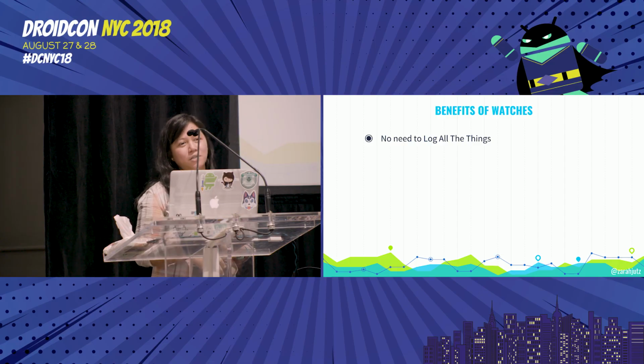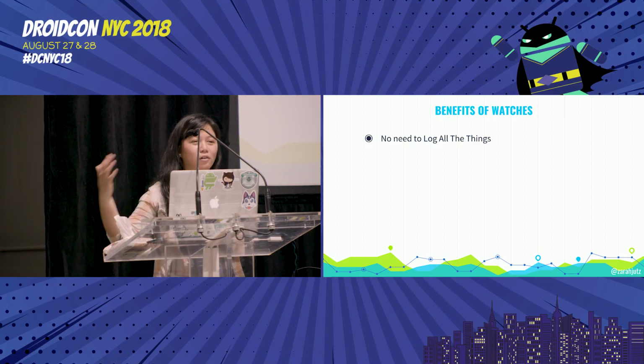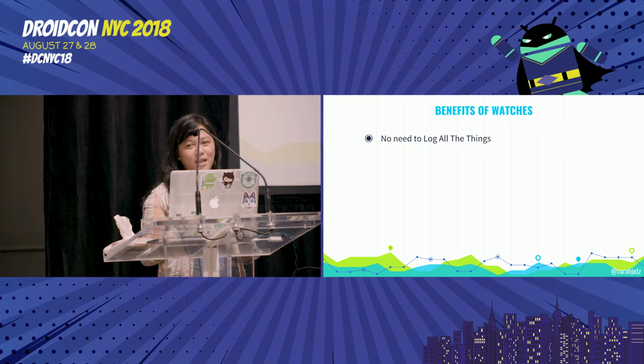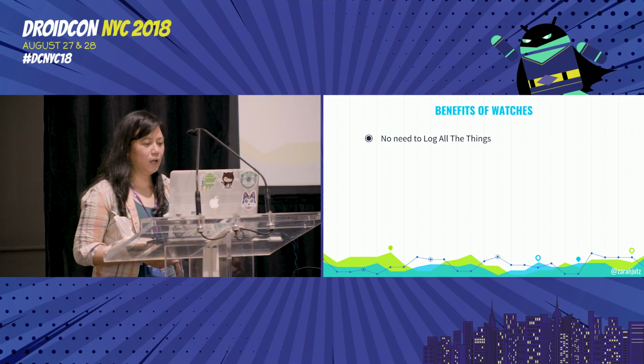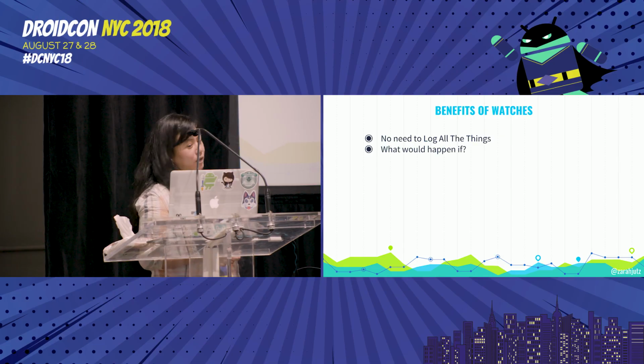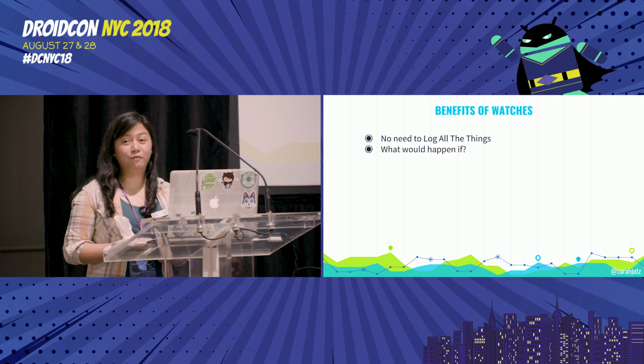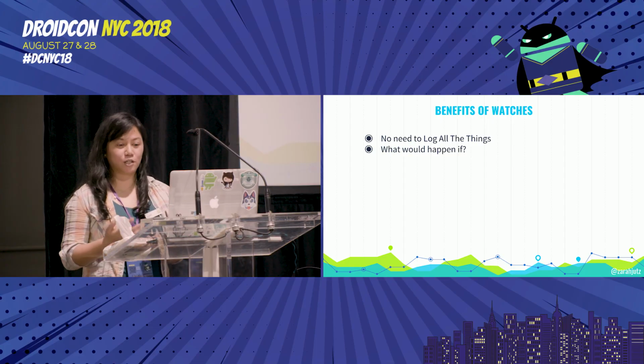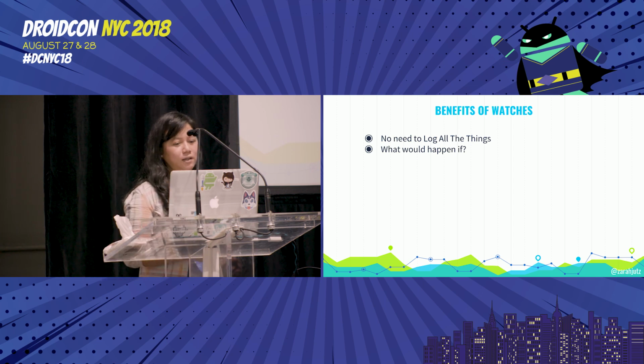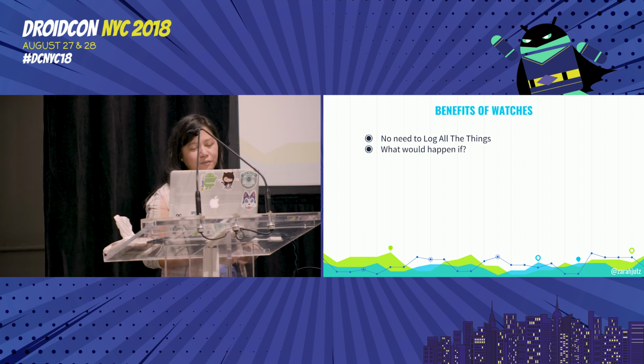What would happen? Instead of logging all those possibilities, you can just add watches to them and everything would be computed for you. So as I mentioned, it's a quick and easy way of viewing results by changing expressions on the fly and answering questions like what would happen if.